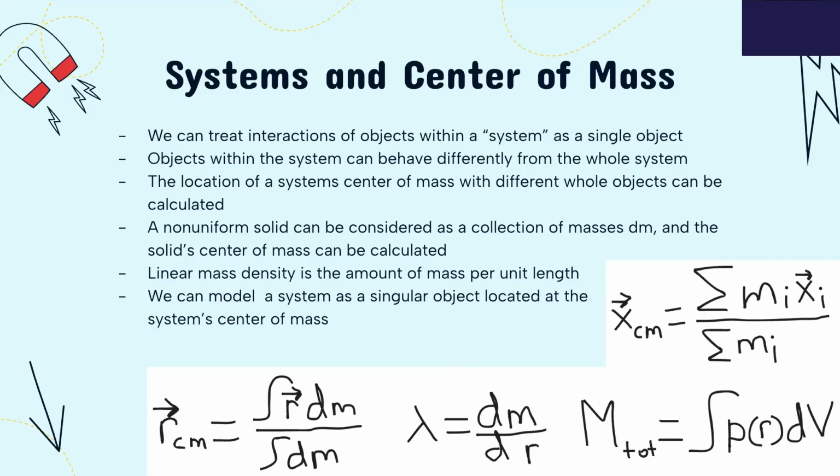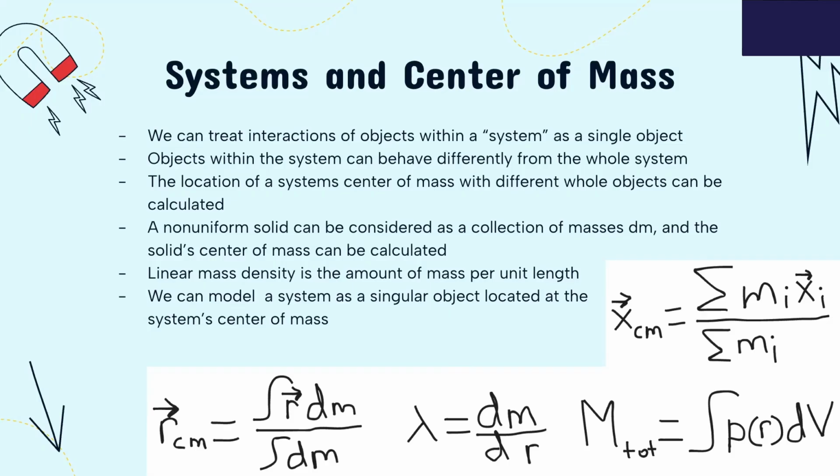Note that objects within a system can behave, and likely will behave, differently from the system as a whole. The location of a system's center of mass with different whole objects in the system can be calculated. We can also do it for non-uniform solids. Usually for uniform solids, the center of mass will be at the geometric center.